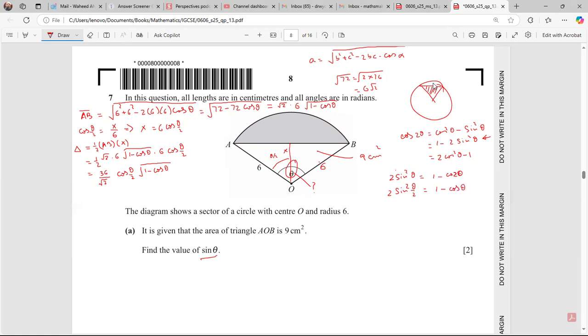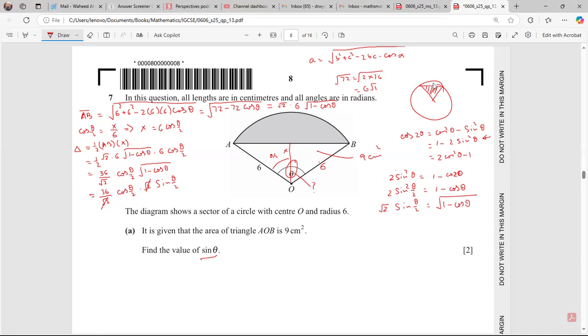If I take the square root on both sides, it becomes the square root of 2 times sine theta by 2 equals the square root of 1 minus cos theta. So I can replace this thing by this. So this will become 36 over root 2 times cos theta by 2 and root 2 times sine theta by 2. So this cancels with this.